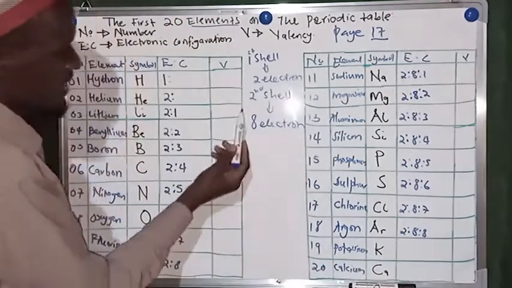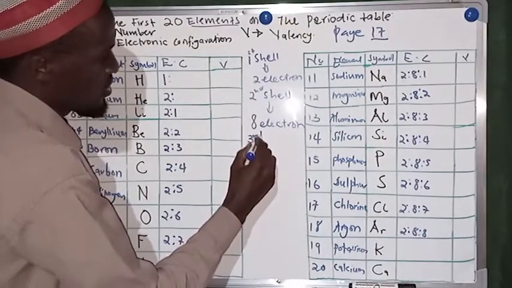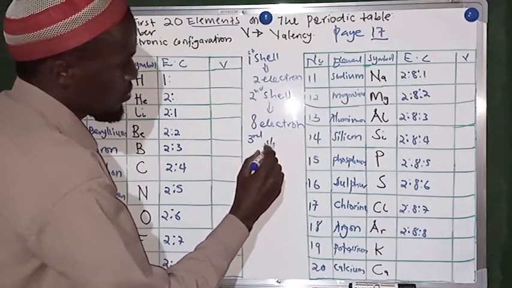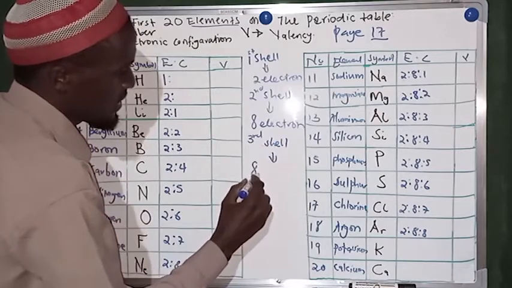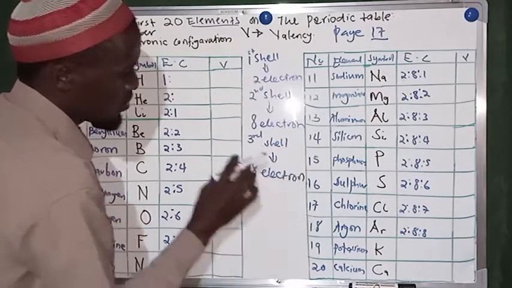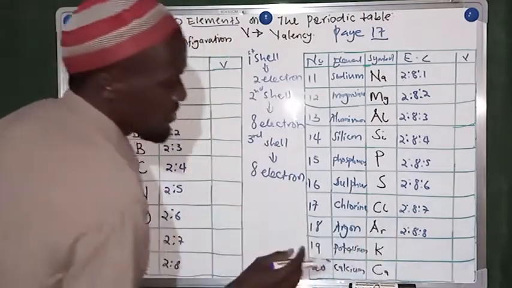So we have another, third shell, which can also hold only 8 electrons. So the third shell is full on argon.